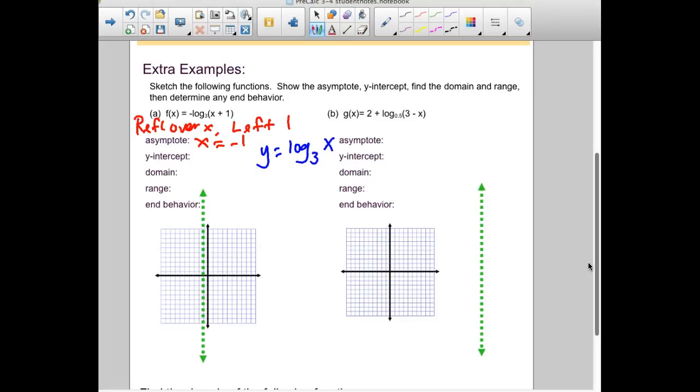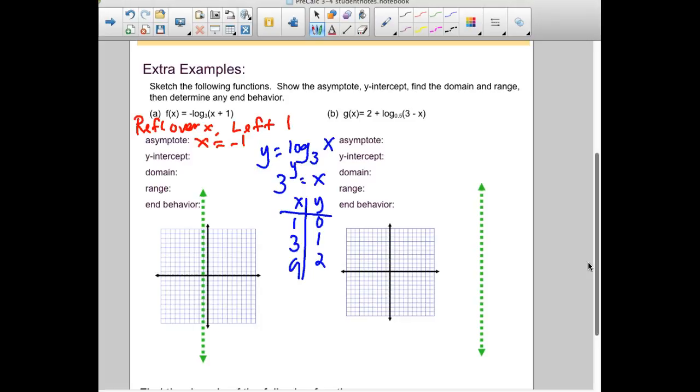If we write that exponentially, we are saying 3 to the y equals x. So what kind of values could I plug in? If I use a 0, I get 1. If I use a 1, I get 3. And if I use a 2 for my power? All right. So remember on that graph we just talked about, the point (1, 0) is on my graph, and the point (b, 1), (3, 1) in this case, is on my graph.